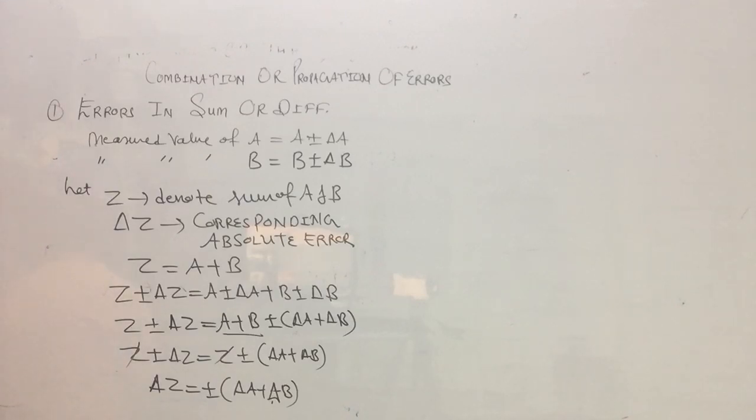So students, the maximum error in Z is what? Plus minus delta A plus delta B. So what is maximum error in delta Z?